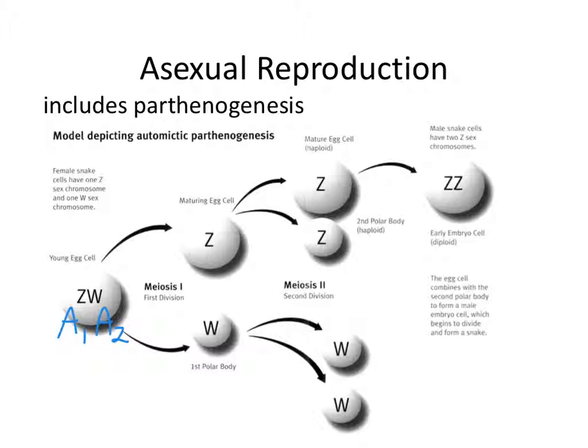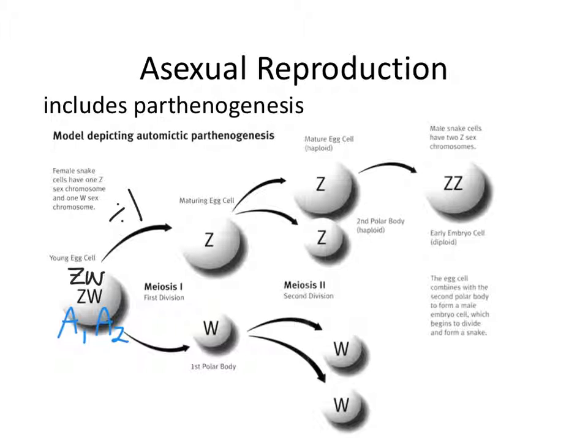Right, so if you're a female snake, what's going to happen during meiosis is you're going to produce oocytes. So a ZW cell will divide, and during meiosis, right, first there will be synthesis.